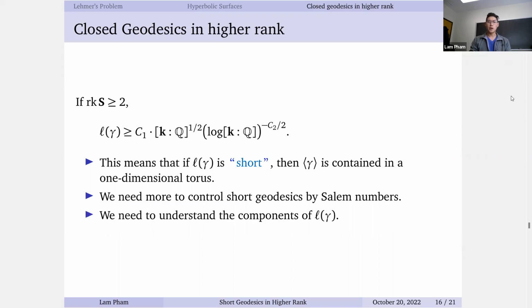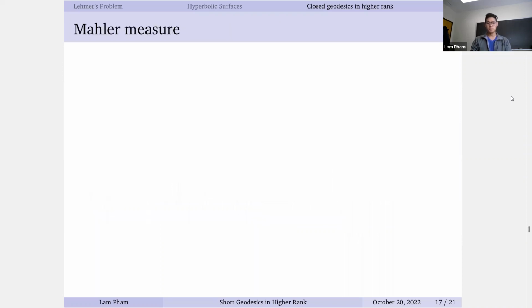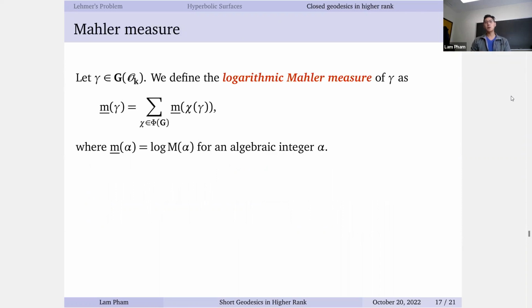Okay. So how do we return to the Salem numbers? Well, we need to understand how this length is built. And so we try to understand its components. To understand its components, we can introduce a different quantity, the logarithmic Mahler measure of the element gamma. And this logarithmic Mahler measure will play the role of the length.